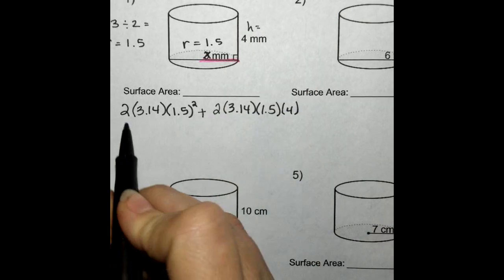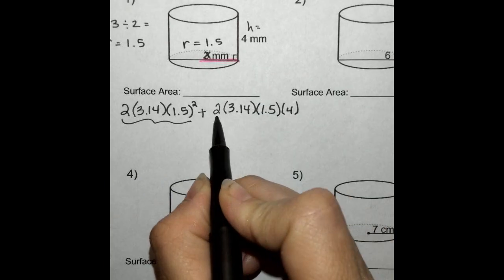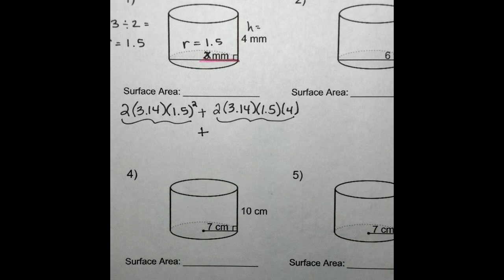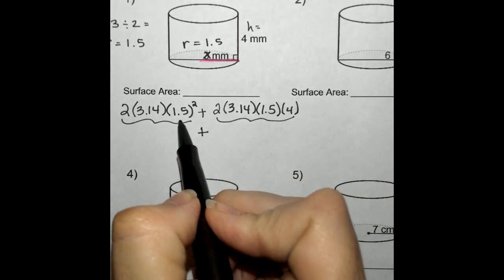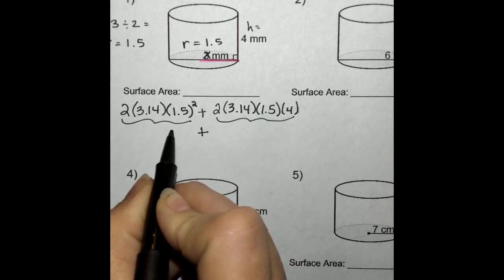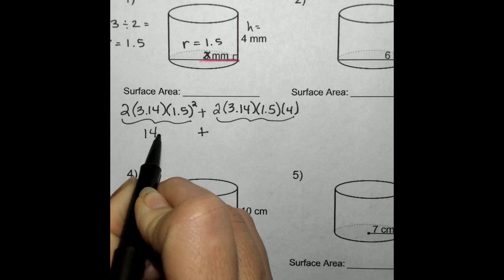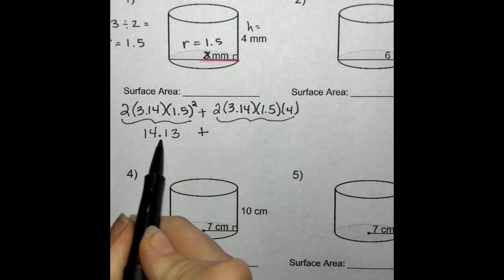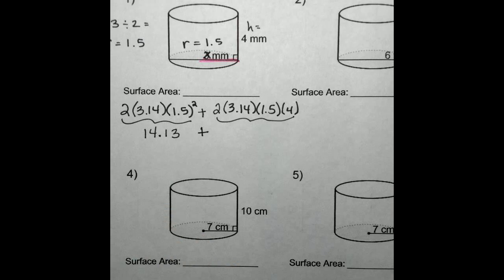Okay, so order of operations, we have to do this side, we have to do this side, and then we're going to add those two answers together. Remember that 1.5 is squared on the left. So 2 times 3.14 times 1.5 times 1.5 is 14.13, or 14 and 13 hundredths.